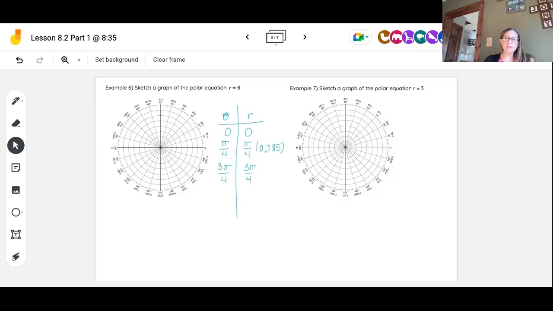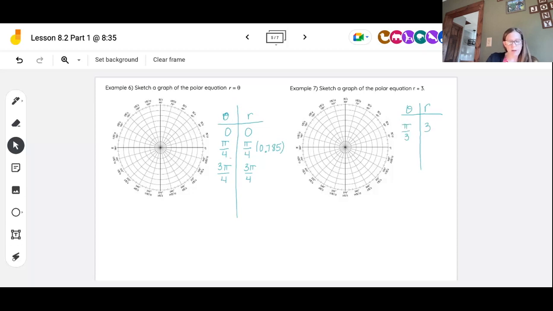Now, when I look at example 7, our radius is always 3. So it doesn't matter what theta is because our radius will always be 3 no matter what that theta value is. So I'm going to think through here what this might look like. So when theta is, let's say, pi over 3, our radius will always be 3.